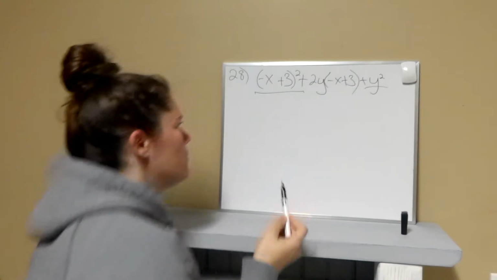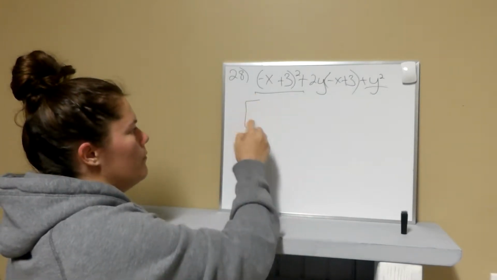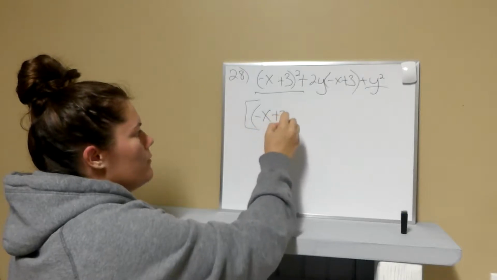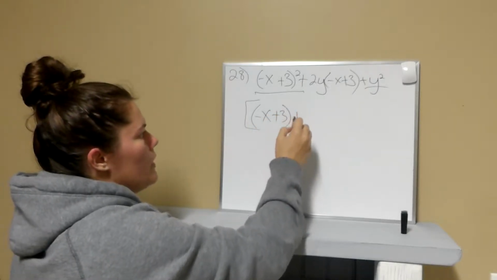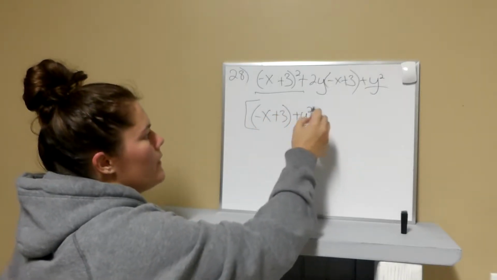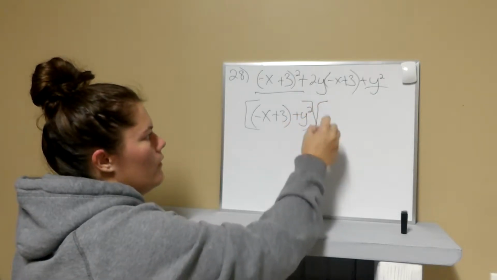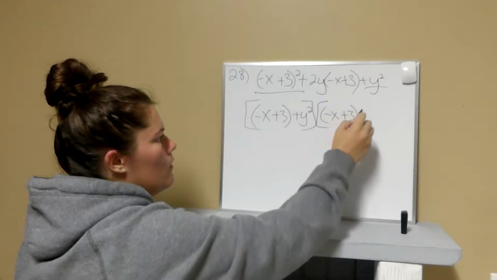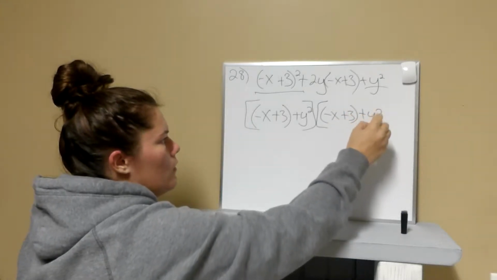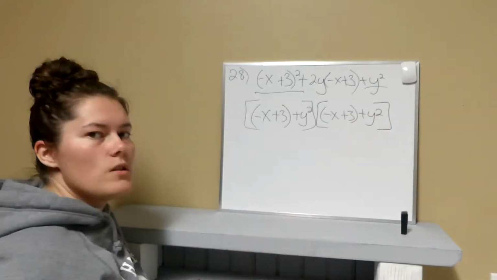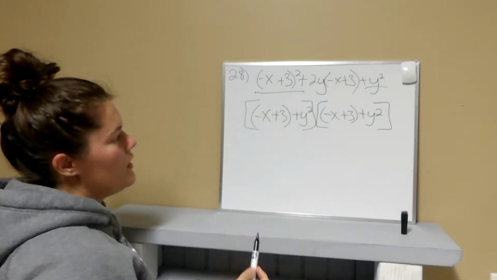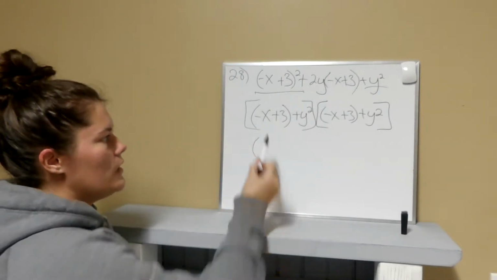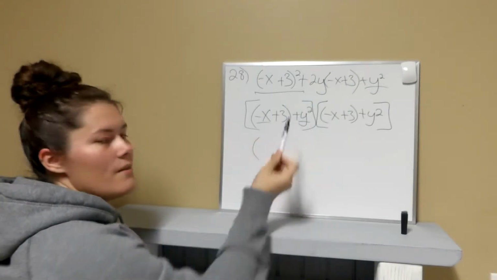And again, you're going to put it in brackets. Negative x plus 3 plus y squared, because it's two separate equations. Then you can put it all together. Now, when you do it, you keep the letters first and then the numbers.